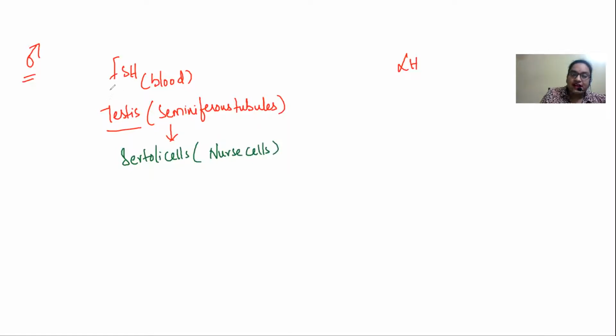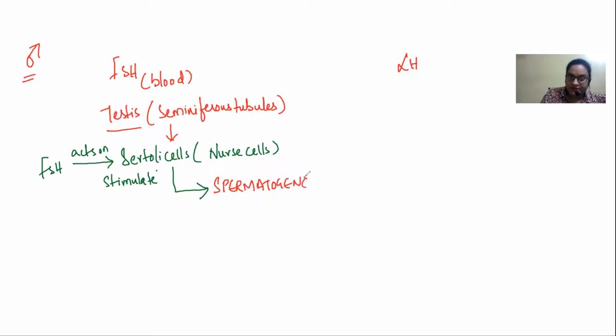This follicle stimulating hormone, FSH, acts on the Sertoli cells and stimulates them to carry forward a process called spermatogenesis, which is nothing but the production of sperms, the male sex cells.